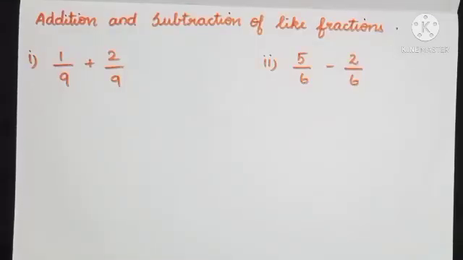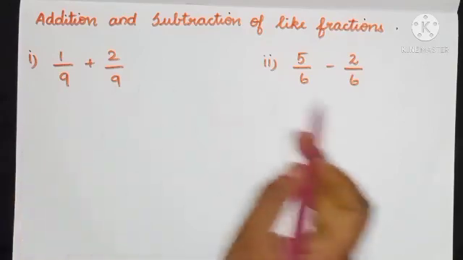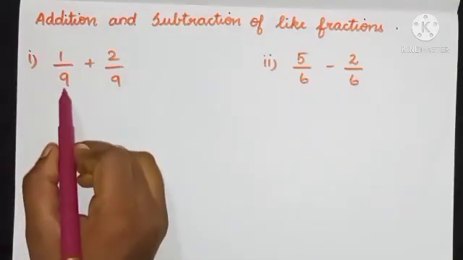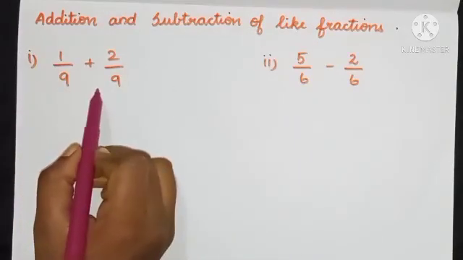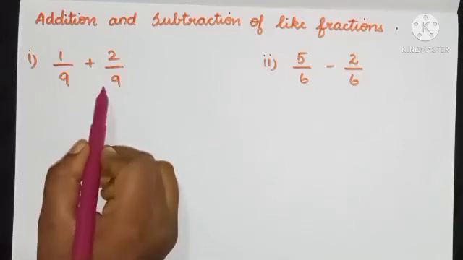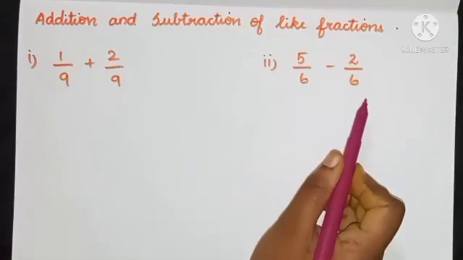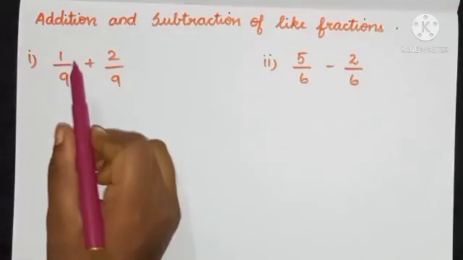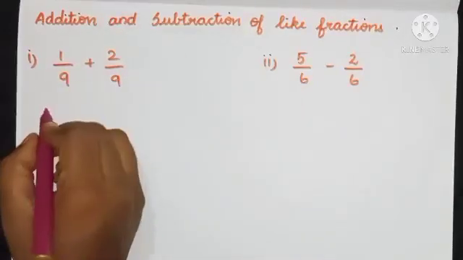Now let's see the addition and subtraction of like fractions. To find the addition and subtraction, first we need to look at the denominator values. Here the denominator values are the same. So we can easily find the addition and subtraction.